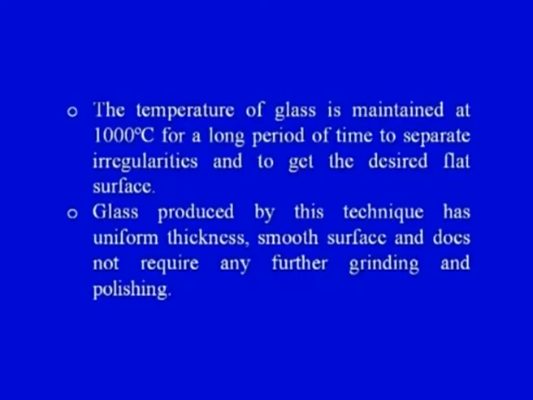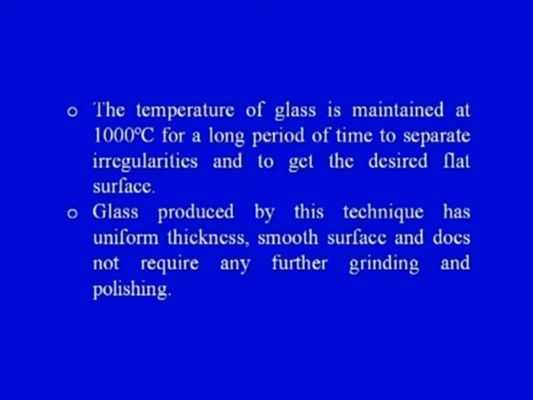We will try to understand this with the help of a diagram, but the important variables that have to be controlled in order to process a flat glass by this process are: the temperature of the glass is maintained at 1000 degrees centigrade for a long period of time to remove irregularities and to get the desired flat surface.